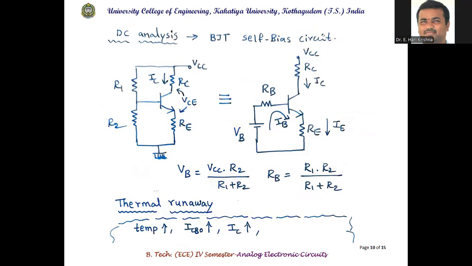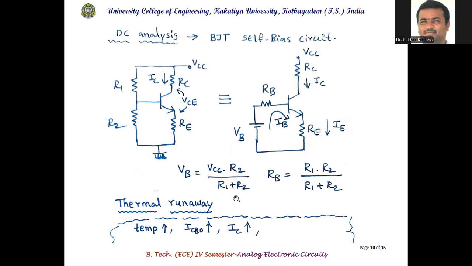So DC analysis, as we have just seen, is to find the operating point of the transistor, and a self-biased circuit is the most important circuit which provides a stable operating point irrespective of variations in temperature and aging effect.